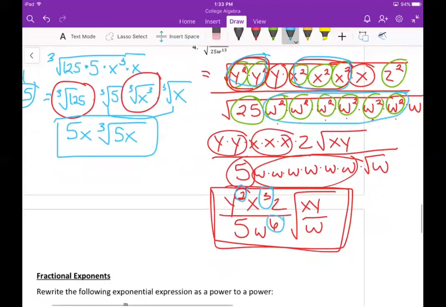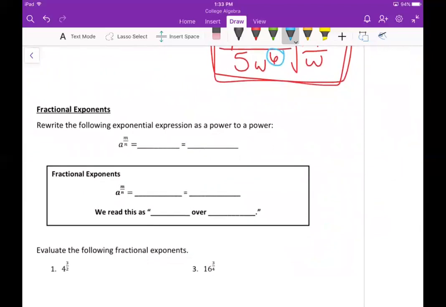So we have a rule to help us with this simplification. The rule is that if I have a fractional exponent, this is the same thing as dividing that root and that power, right? The power of 12 got divided by 2 to be 6. So if you have m over n, m is your power and n is your root.